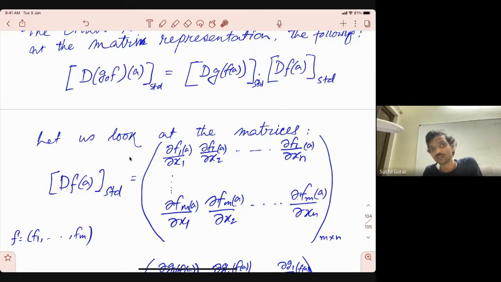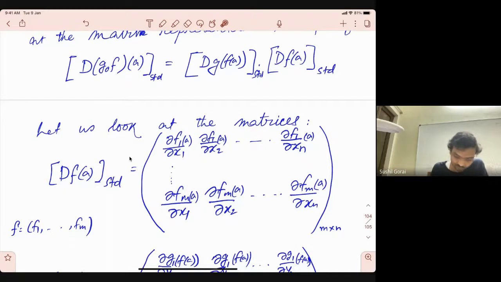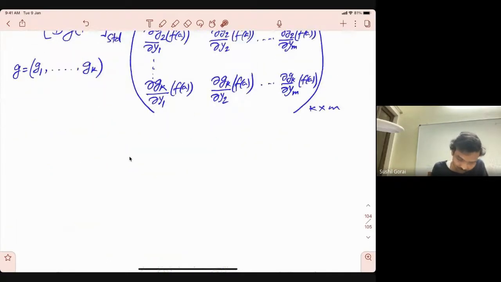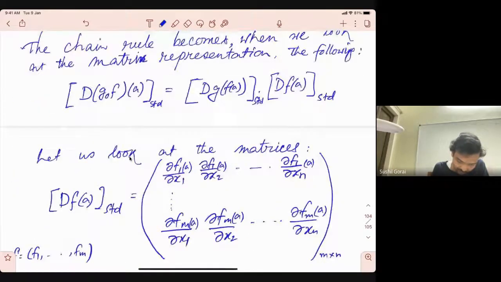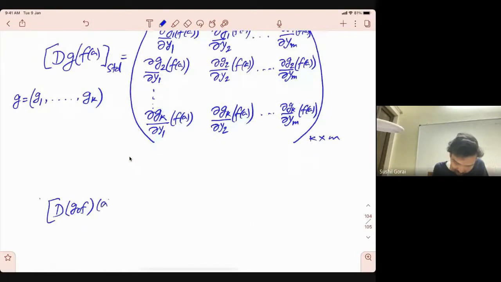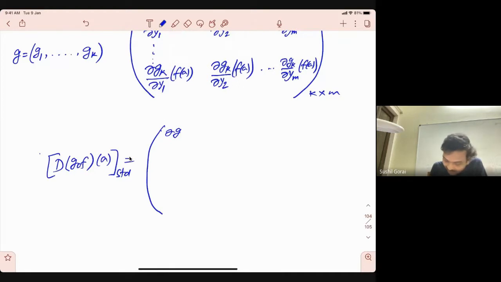This is very, very important. Let me write the derivative of G compose F at a, with respect to the standard basis as before. So del G1. How many components will be here?